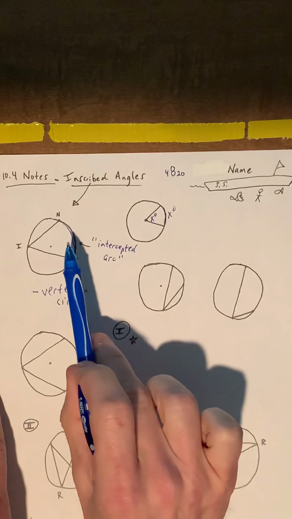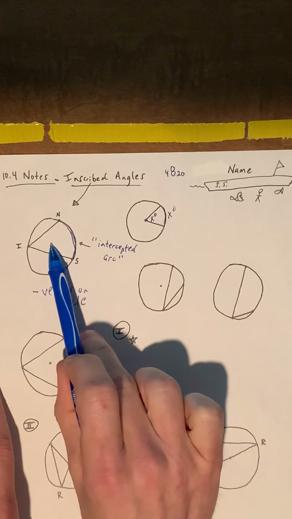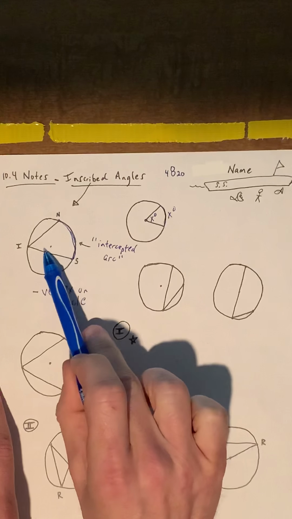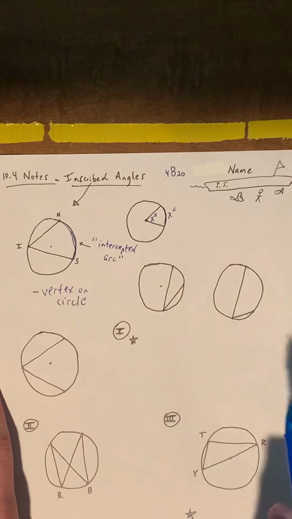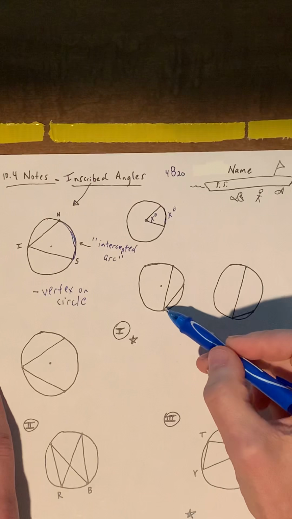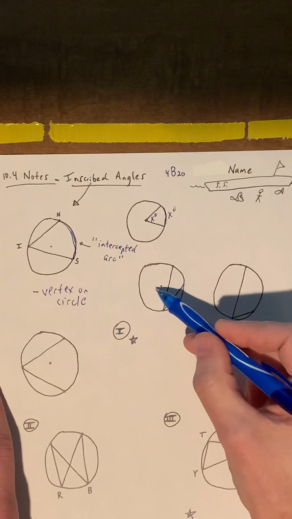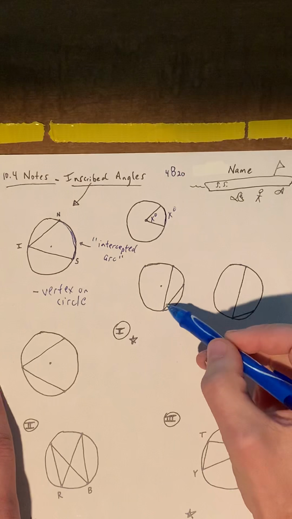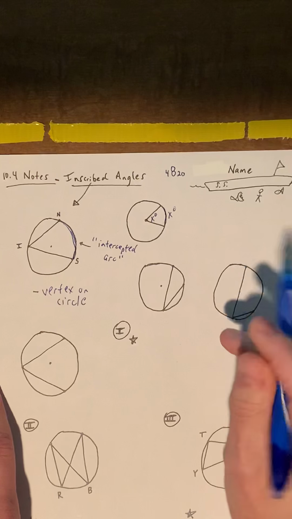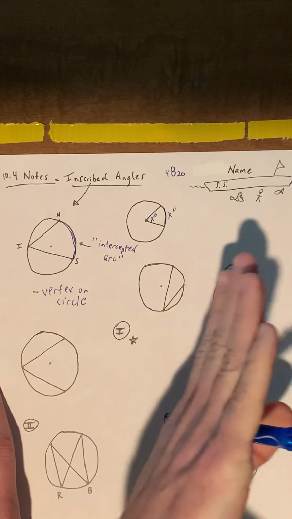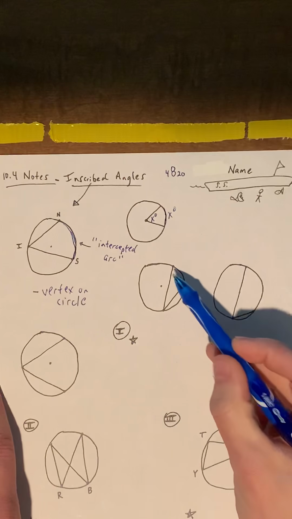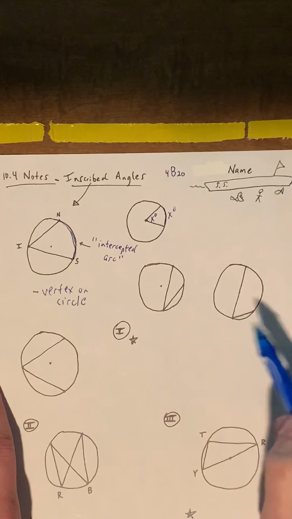Here you have an inscribed angle where the center point is on the interior of the angle. But you could also have an inscribed angle like this, where the center point is on the exterior. See how this inscribed angle is all shoved over onto one half of the circle, but it's still an inscribed angle.